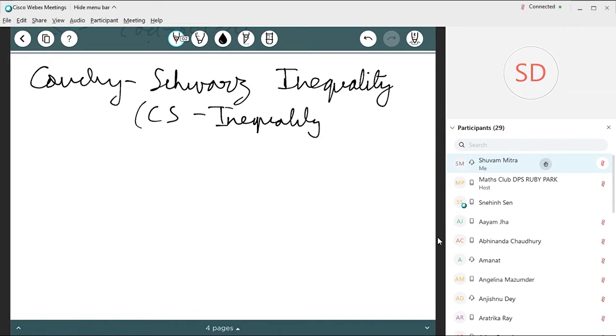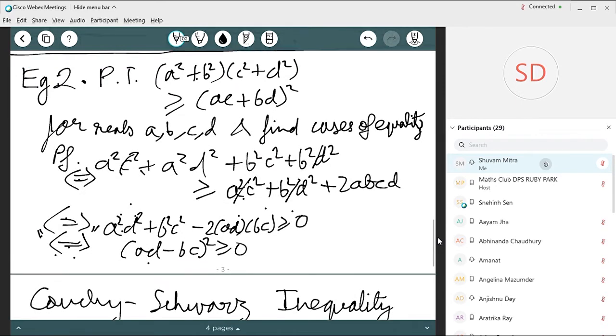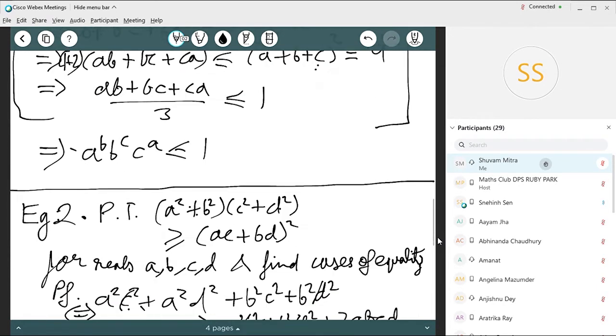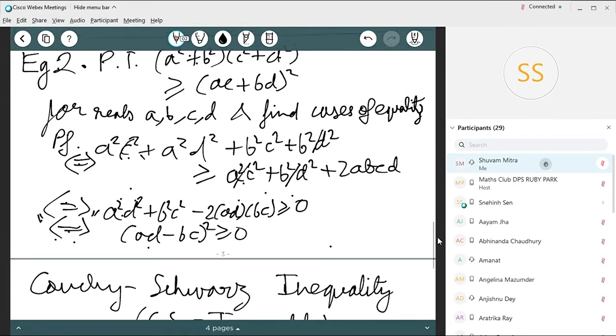Which one? That a square plus b square one. I actually discussed the proof over here. This is the proof actually. When you open the left hand side, you get this. When you open the right hand side, you get this.